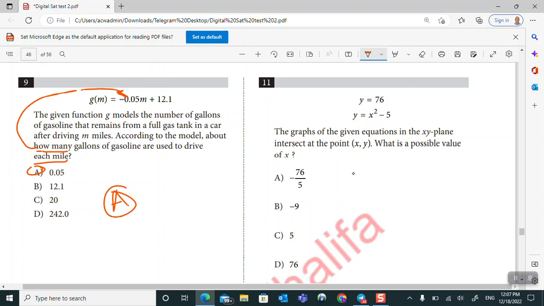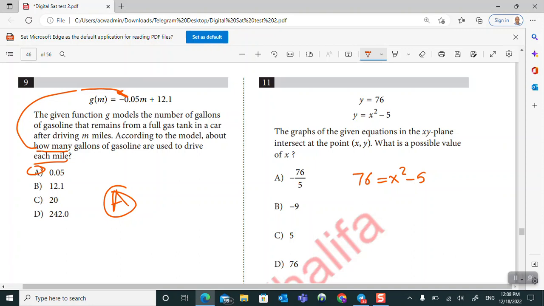So all you have to do is substitute and find out the possible value of x. So 76 is equal to x squared plus 5, minus 5.